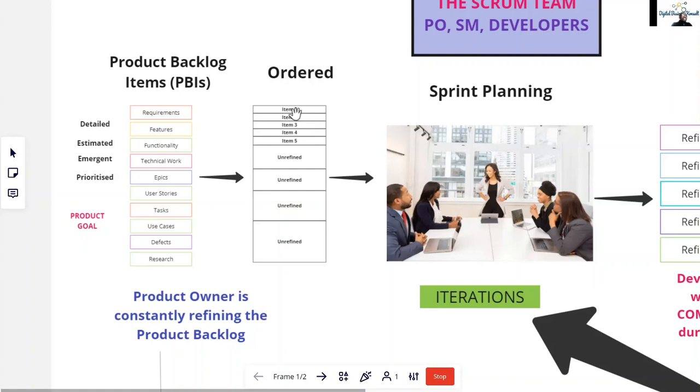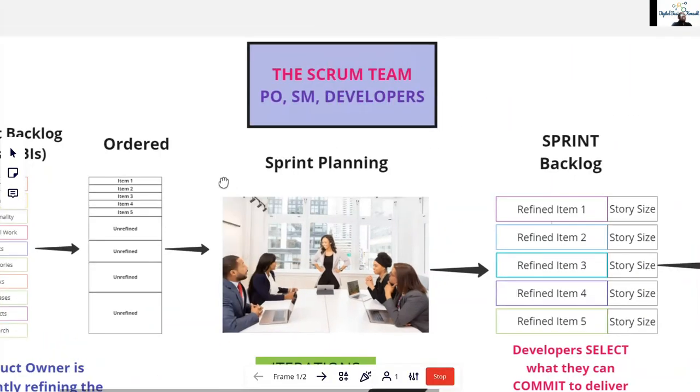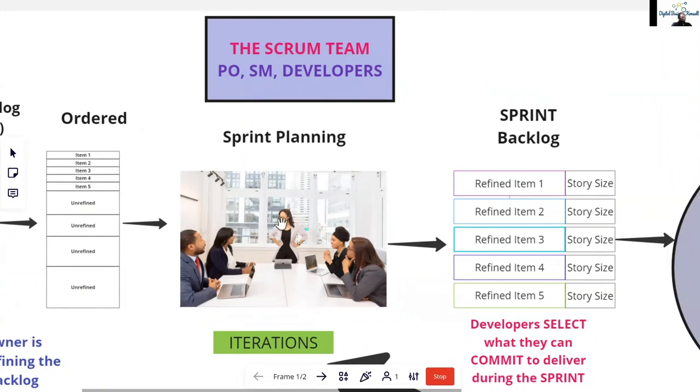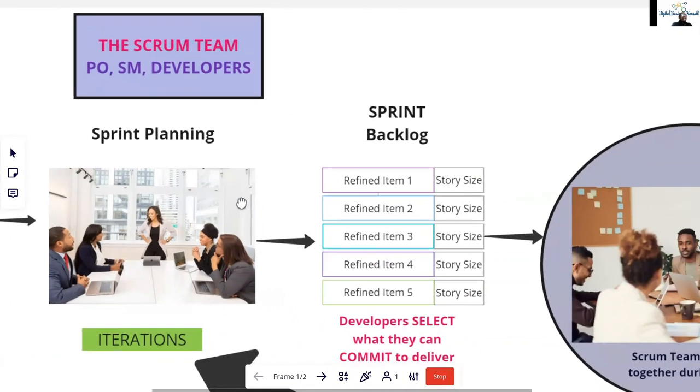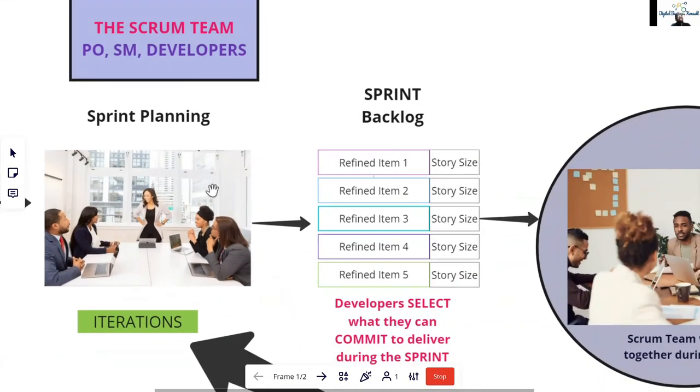whereby when he or she has finished enough that could enable people to go into a sprint, the team can say, hey guys, it's time for our sprint planning. At sprint planning, we meet to consider these ordered items, to say, based on our capabilities, this is what we can complete based on the story size.